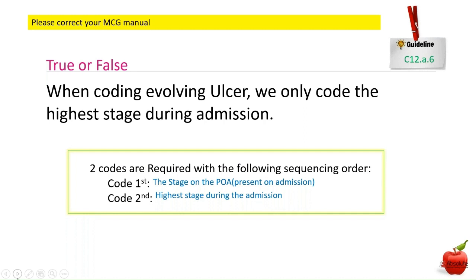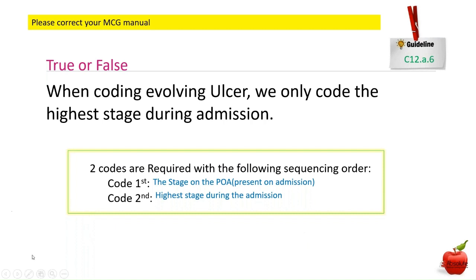The first code will be the stage that was present on admission, that is stage one. And the second code which you have to assign is the higher stage during the admission. So it evolved from stage one to stage two, right? So the second code will be stage two as well. Is that clear? Okay, we are good to go.